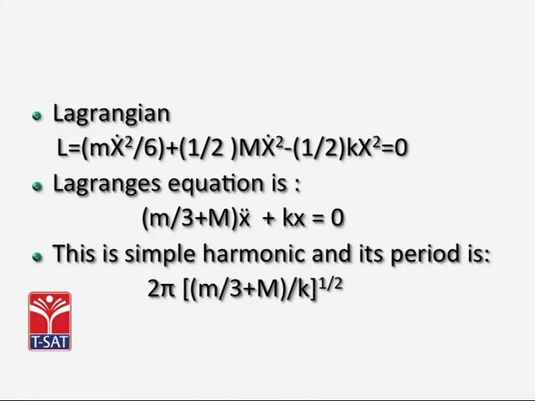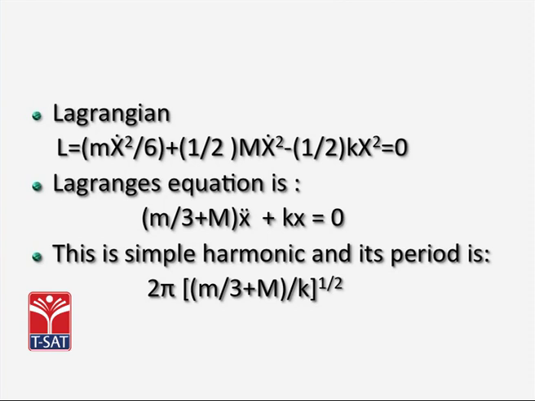Now, we will try to evaluate the Lagrangian of this particular spring and mass system. L is equal to m x dot square divided by 6 plus half capital M x dot square minus half k x square.